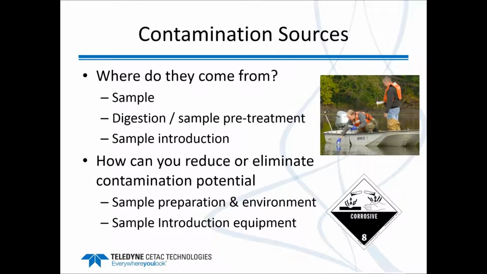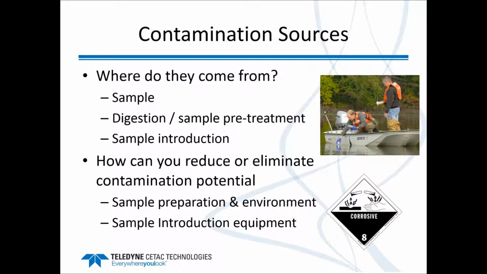So just for some background, some contamination sources. Where do they come from? There are a couple of different sources, of course. One is the sample itself, contaminated with additional problematic elements or matrix contaminants that cause difficulties in the analysis.